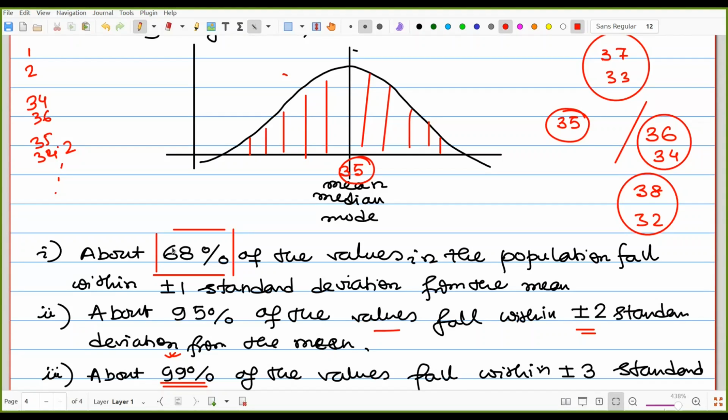Now the next question is why we should use the standard deviation.